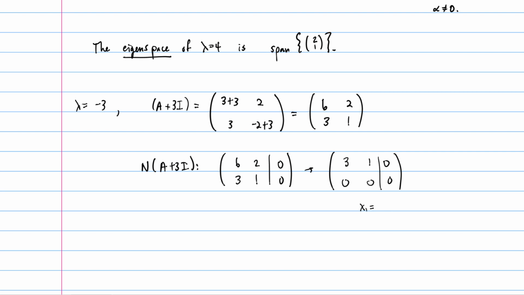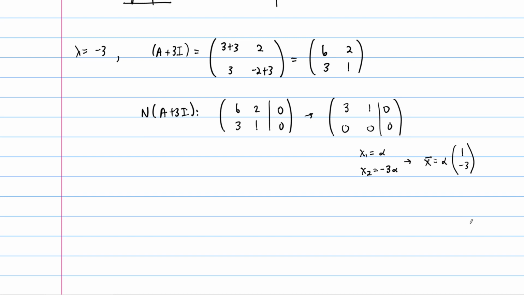Let's let this be alpha, and then x2 is equal to -3 alpha. This tells us that the eigenvectors in this case are of the form alpha times (1, -3).